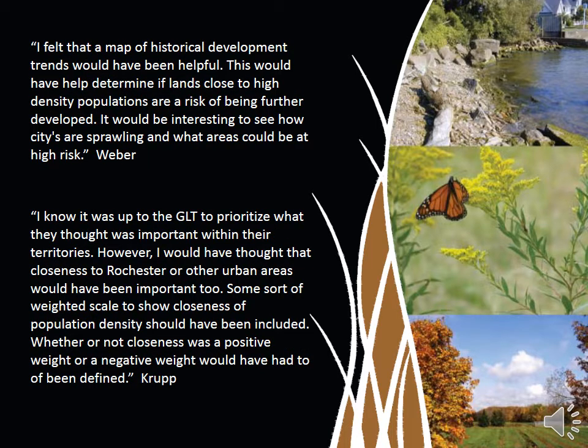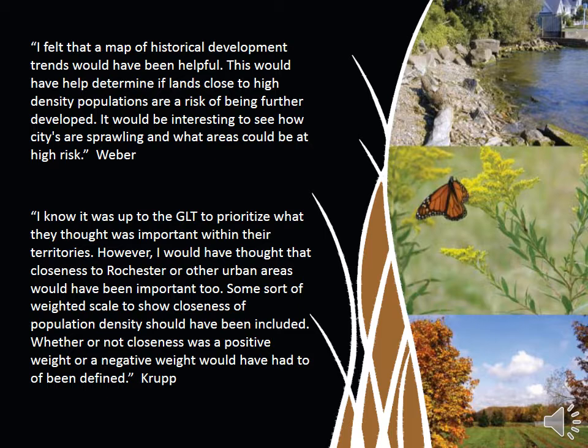A few more points here on the history, but more specifically on the demographics of the region. One of the disconnects that students always identify is that you presented some historical information, and then, more importantly maybe, you presented some information about where the communities are growing. As the quotes point out here, it would have been helpful to determine if lands close to high density populations fit into their decision-making process.